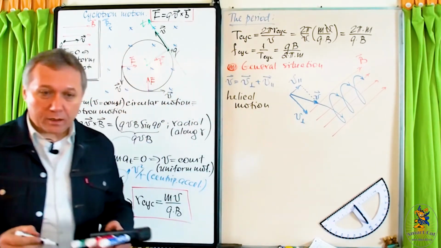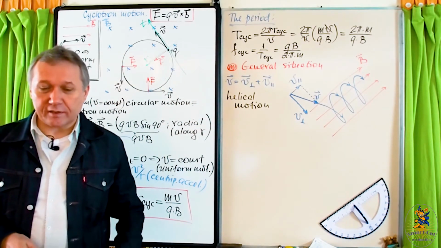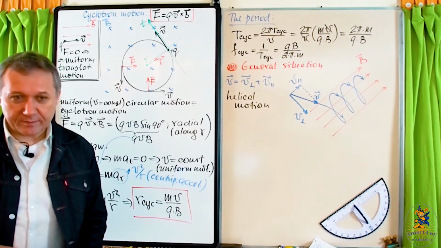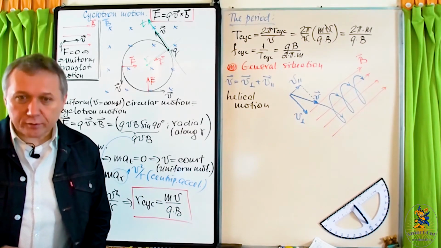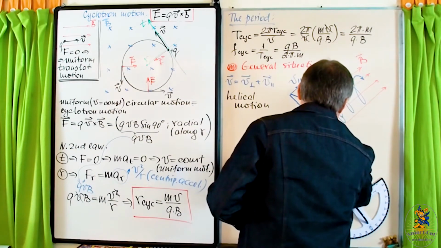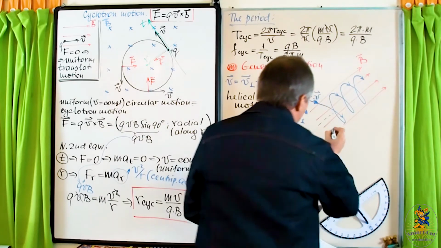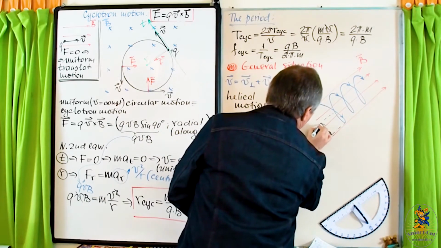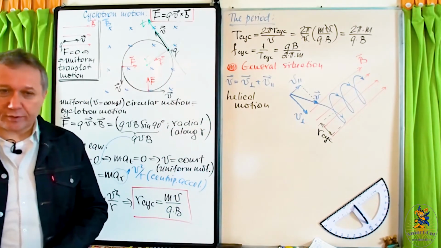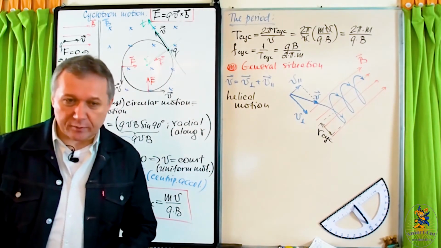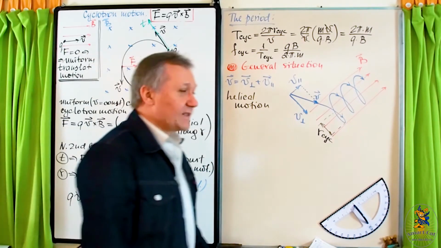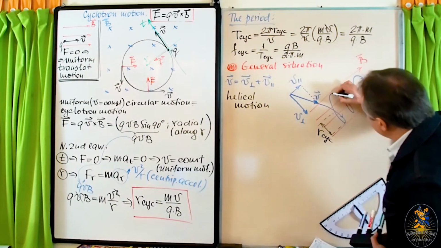All right, and of course to describe this helical motion, you need to use two parameters. First, the cyclotron radius, so this will be R cyclotron. And then the second parameter, which we haven't used up to this point, is the distance between, for example, two points.